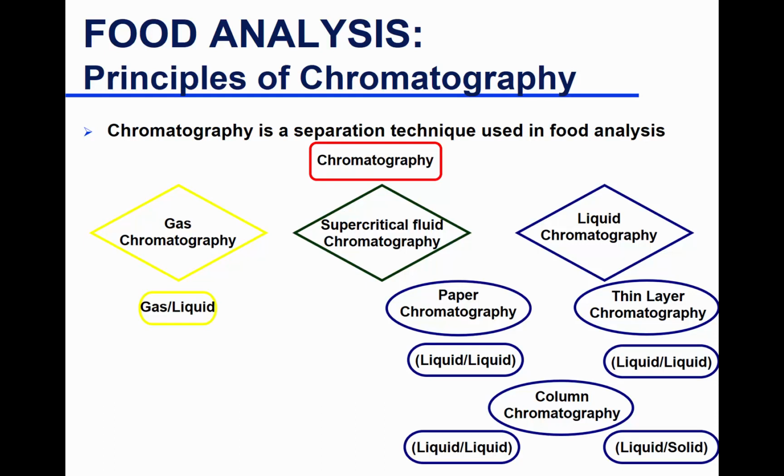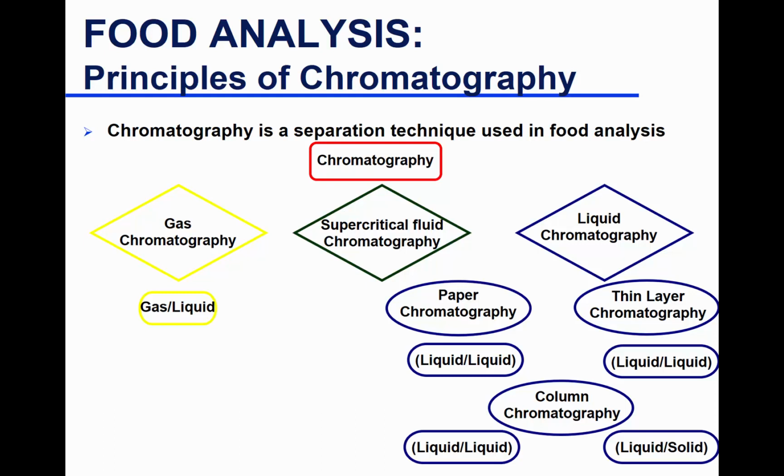So the mobile phase and the stationary phase. In gas chromatography, your mobile phase is always gas. You always have a carrier gas. And usually the carrier gas is an inert gas that does not interact with your column.